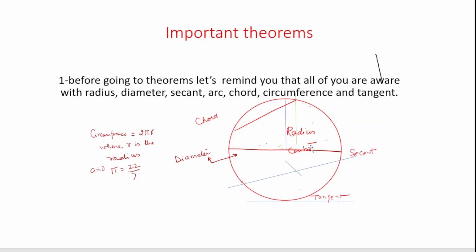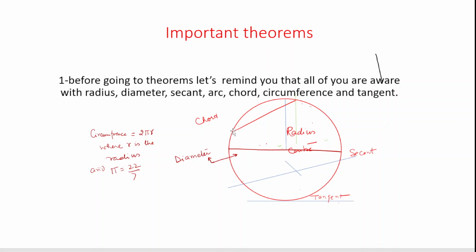This is diameter, just double of the radius, passing through the center, and this is obviously two edges, a line passing through the center and touching 2 points on the circumference is called diameter.